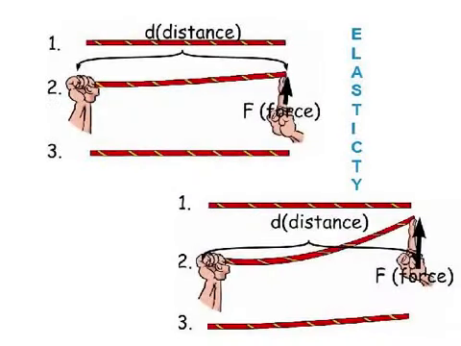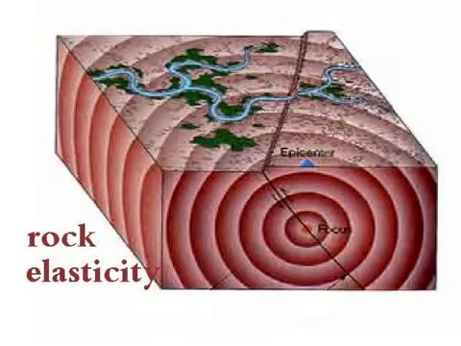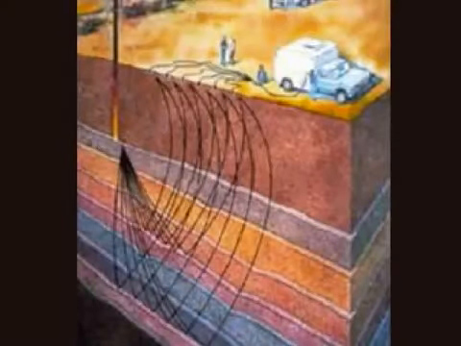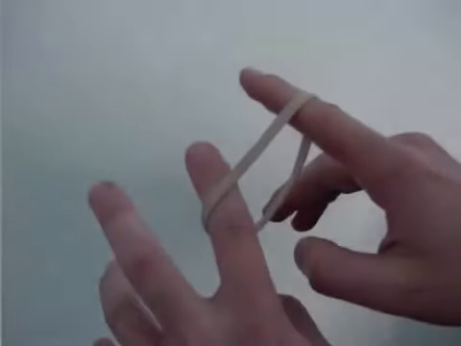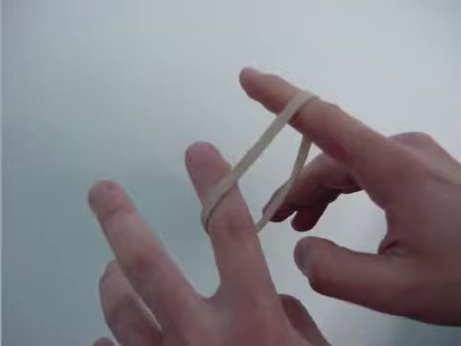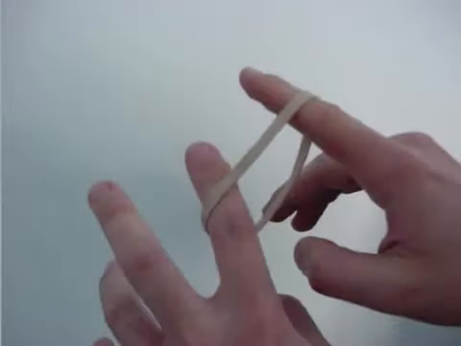The second property is the elasticity of matter. With elasticity, matter returns to its original shape after being hit by a wave. Some of the energy is absorbed, but some of it is reflected back. Amazingly, rock is elastic. It will stretch or expand just like an elastic band, which after being stretched will return or snap back to its original shape.